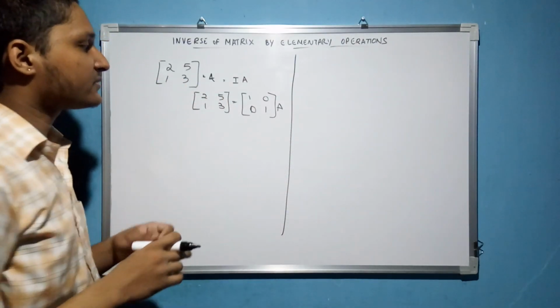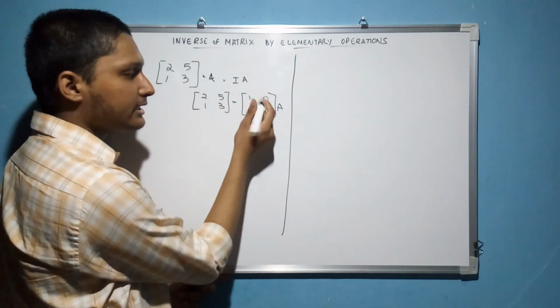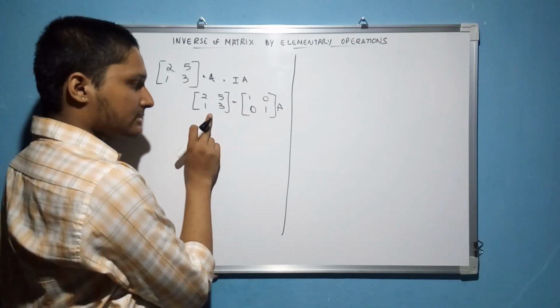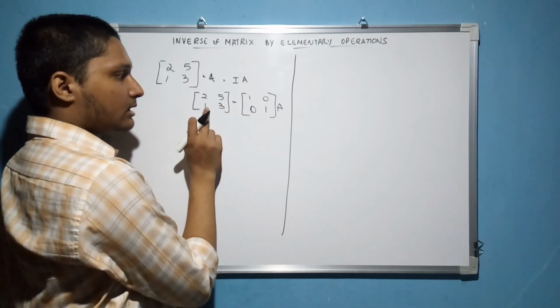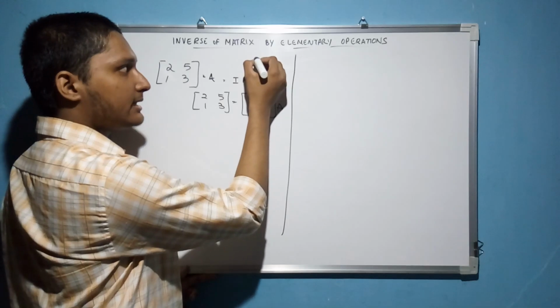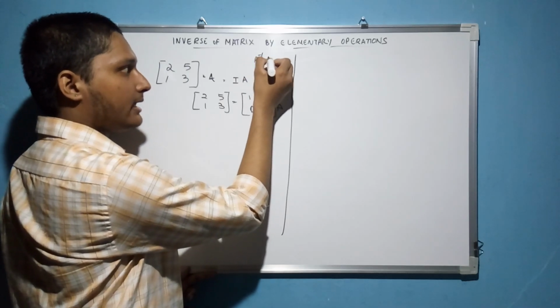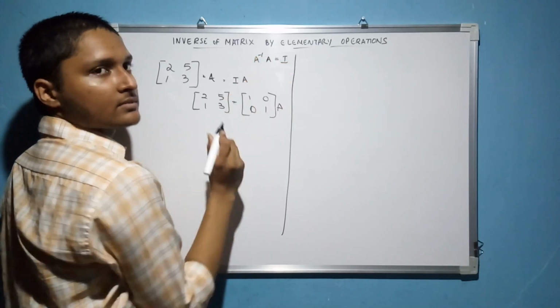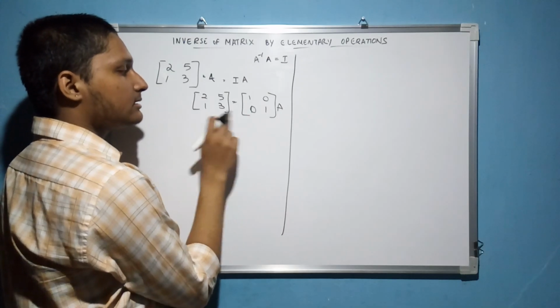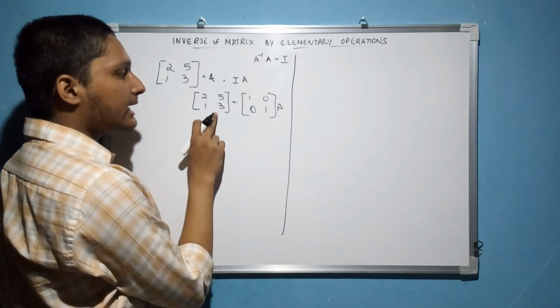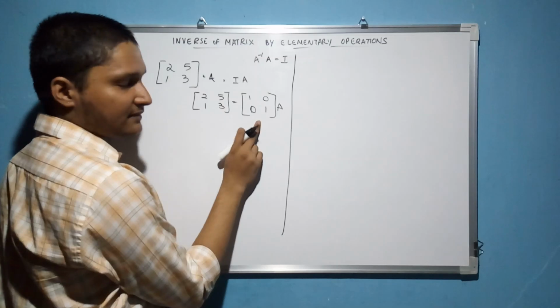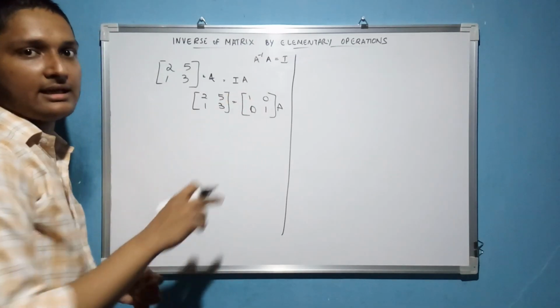You are going to convert this one into the identity, and this is going to become the inverse. You know that A inverse into A is going to be I. That's why you are converting this into I and this into A inverse. So at last you can find A inverse.